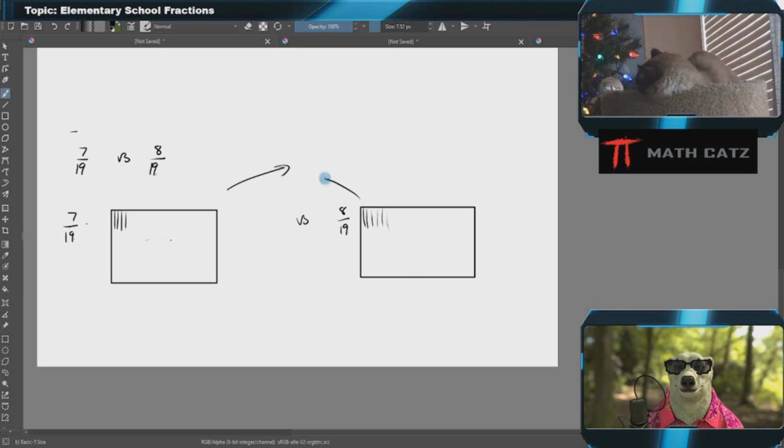So here, a single piece is the same single piece, because the denominators are the same. Here I am going to have, whether I explicitly draw it or not, 7 pieces. And here I will have 8 pieces.